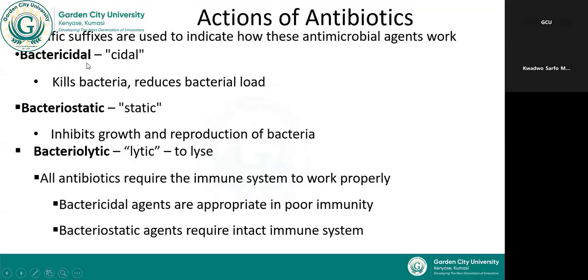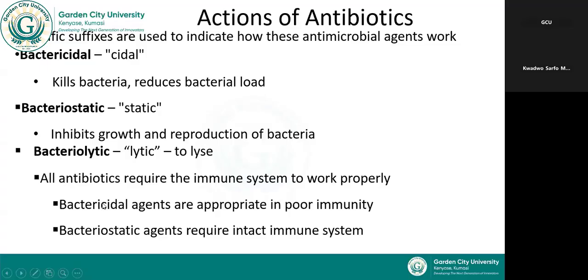So the cidal, the static, or the lytic, depend on how the clinician wants to kill or inhibit them, but usually they administer the cidal ones, the ones that kill, in individuals that have a poor immune system or compromised immune system.